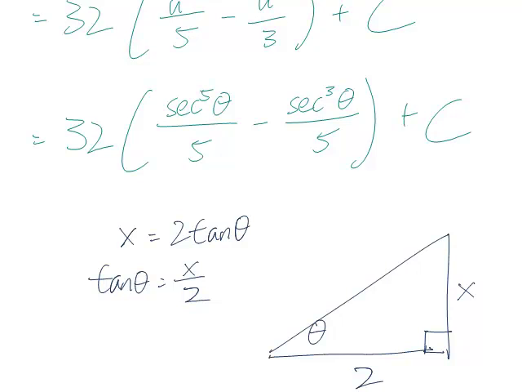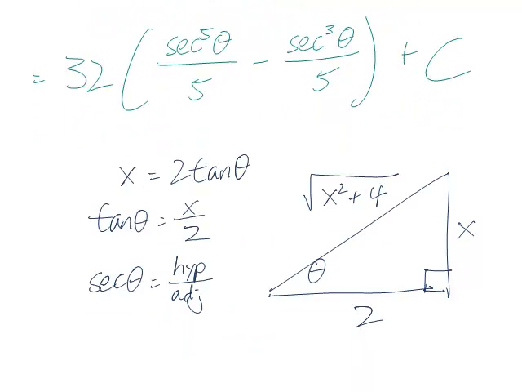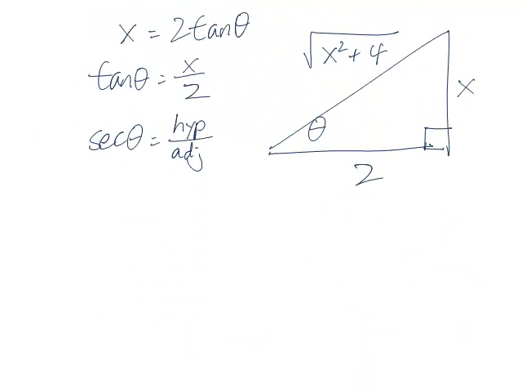And so the hypotenuse is root x squared plus 4 using the Pythagorean theorem. And so secant, which is 1 over cosine, cosine is adjacent over hypotenuse, so secant would be hypotenuse over adjacent, which would be, in this case, root x squared plus 4 over 2.